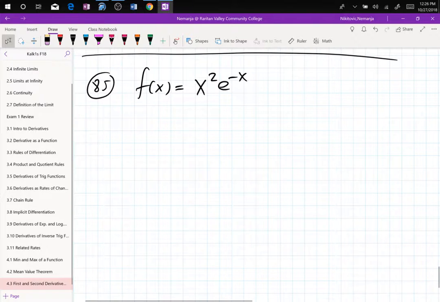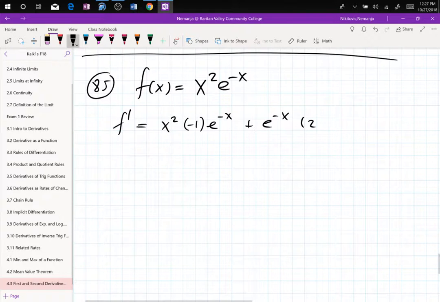Let's take a look at this together. So the first derivative will be the product rule. I say copy the first, the derivative of the second, plus copy the second times the derivative of the first.